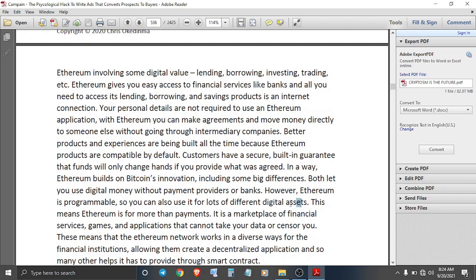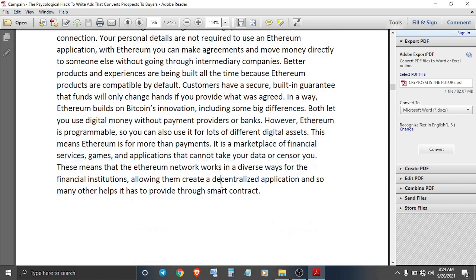Now, this means that Ethereum is for more than payments. It is a marketplace of financial services, games, and applications that cannot take your data or censor you. This means that people can create games, lending services, financial services, company services, whatever services and applications on this Ethereum network.